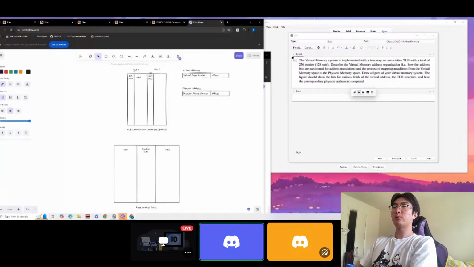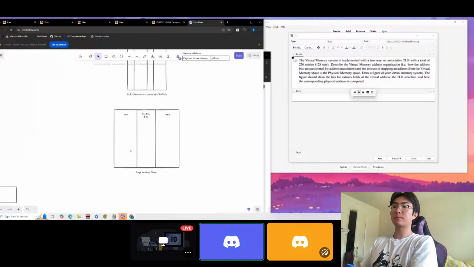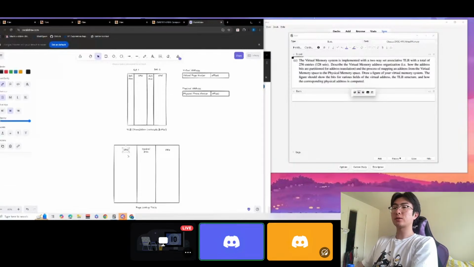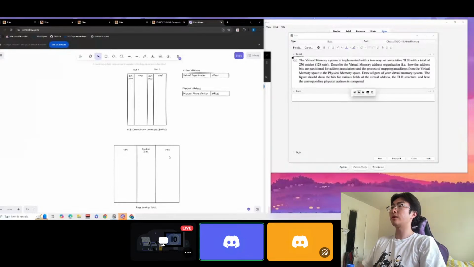So we access the cache through the set number, and then we grab the virtual page number, and this will link us to this virtual page number here on the page lookup table. And then once we look up the page number here, this will translate to a physical frame number.